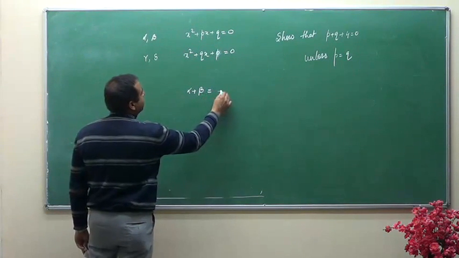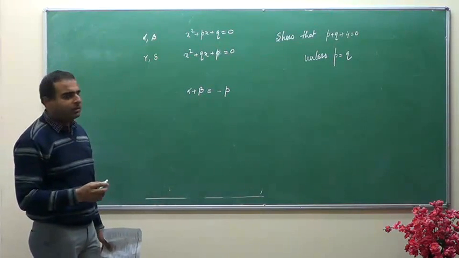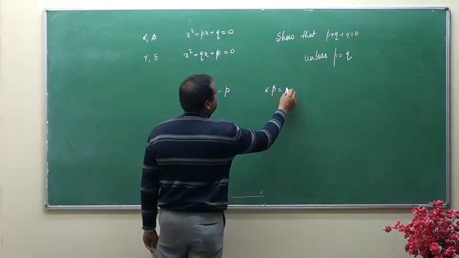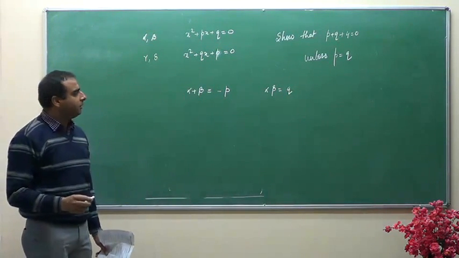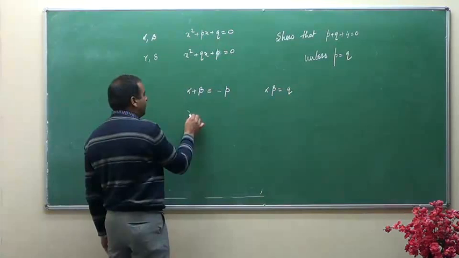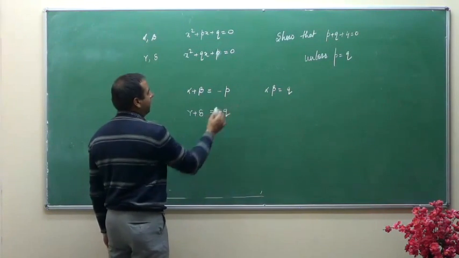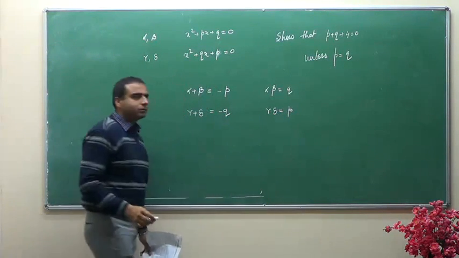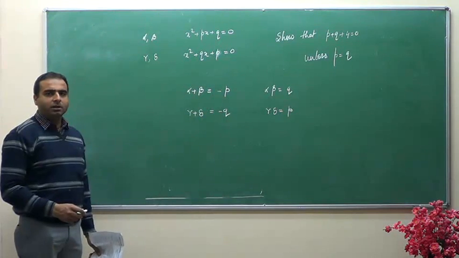Alpha plus beta is minus p and alpha beta is q. Now what is gamma plus delta? Gamma plus delta is minus q and gamma delta is p.